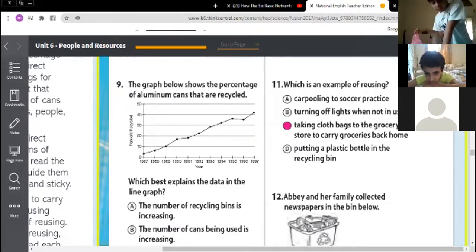It's bad. If we throw it in the sea, it will kill the fish and the creatures in the sea.